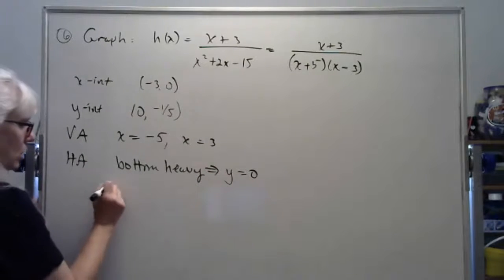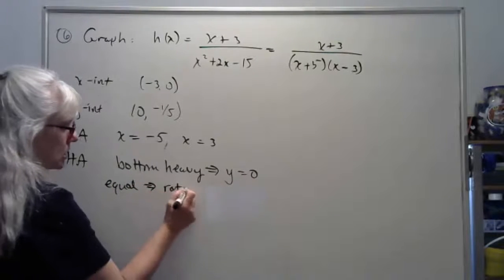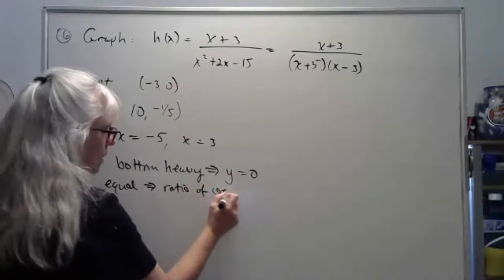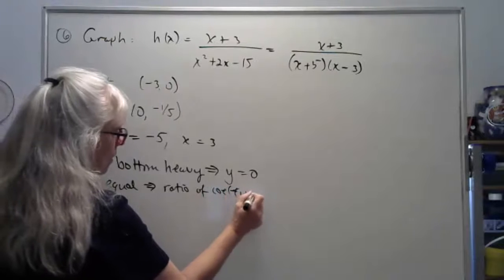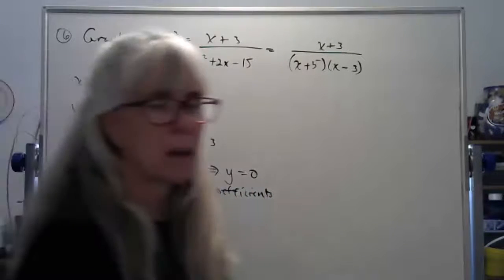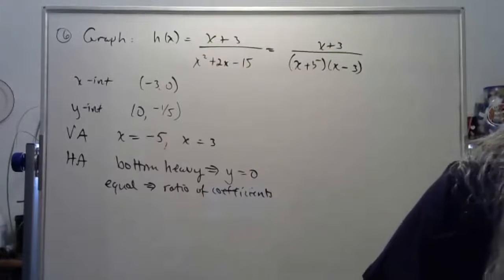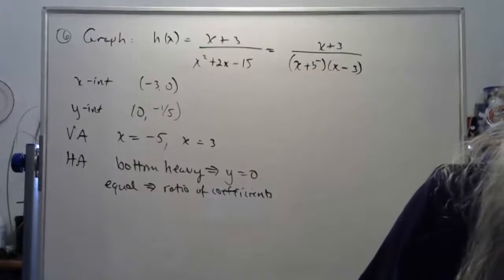If the degrees are equal, then it's the ratio of the coefficients. If it's top heavy, then it's an oblique or slanted asymptote, which we didn't do. So we only did one and that was it.